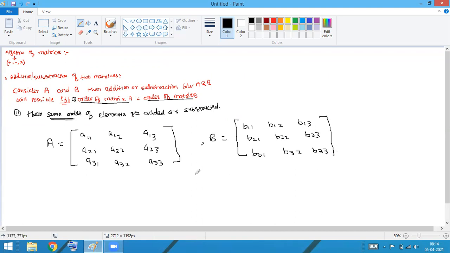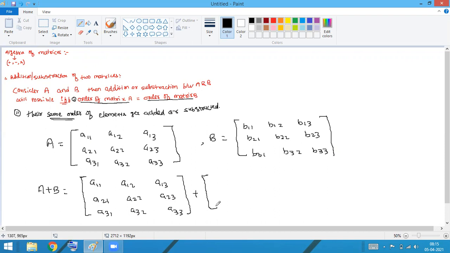And if you want to find the addition of these two matrices, A plus B, first I'll take the matrix A here, then plus the matrix B.